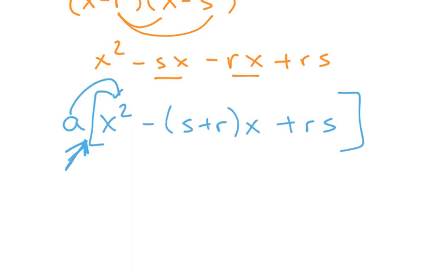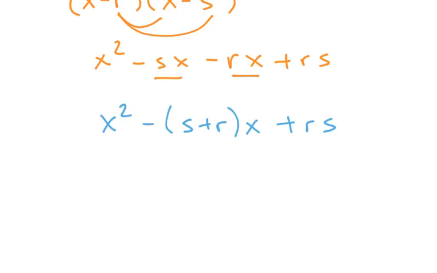So even if there's a number other than 1 in front, since this thing is equal to 0, you can always divide through by a, and you would create this scenario. So whether we have an a value in front or not, whether it's 1 or not, we can create the 1 effect just by dividing through.